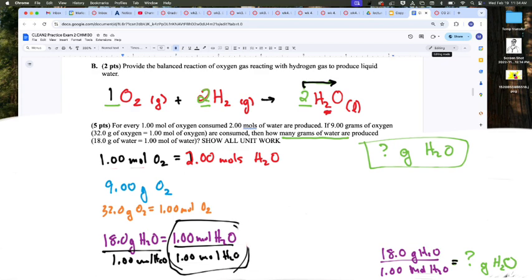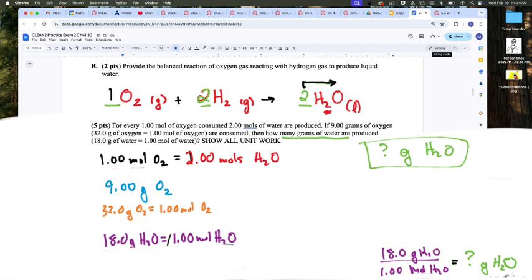We got a whole bunch of information, and we don't have our answer yet, right? How do we know we don't have our answer? The unit that I wanted was grams of H2O. What unit do I have? Grams of H2O and moles of H2O. I don't want moles of H2O.